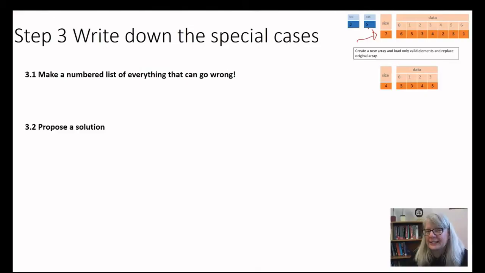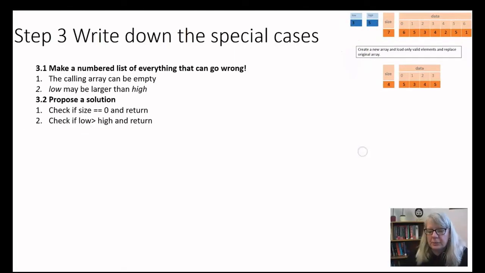And the second thing that can go terribly wrong is if those two values are reversed. If you have a 5 and a 3 there. Yes, because then nothing is in range, because there's not a valid range. So those are the two things in this example that can go wrong. You can't memorize this. You have to know this for every example. Every example has its own special cases.